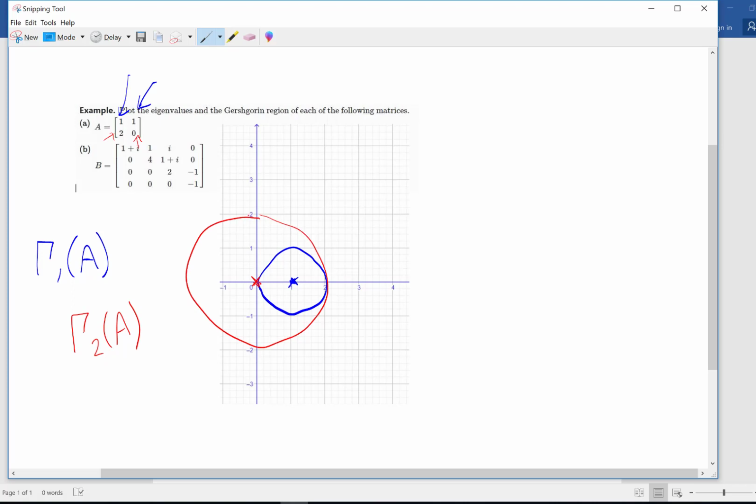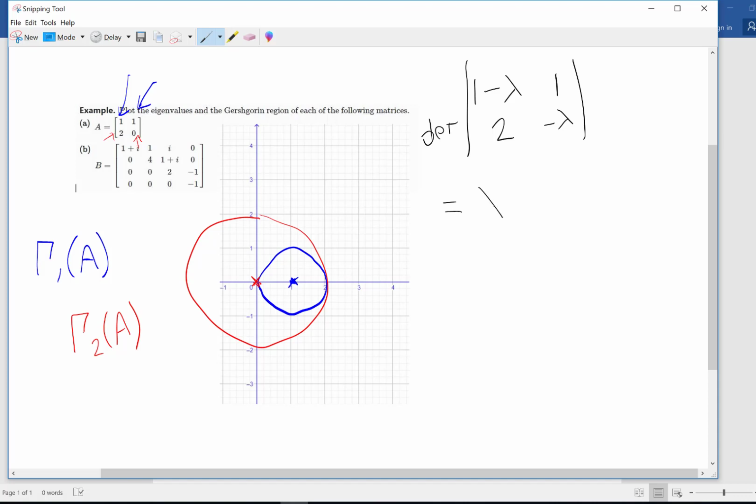Okay. Now I didn't compute the eigenvalues yet of this matrix, although it's pretty easy to do, right? So if I wanted to take the characteristic polynomial, I would take the determinant of the matrix 1 minus lambda, 1, 2, and 0 minus lambda, right? Because this is going to give me the characteristic polynomial.